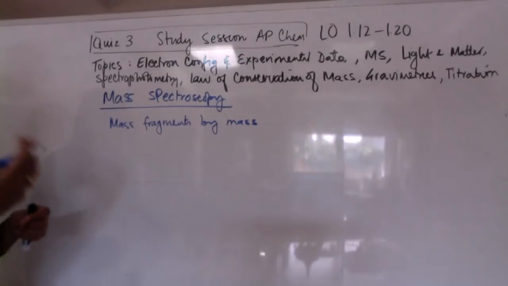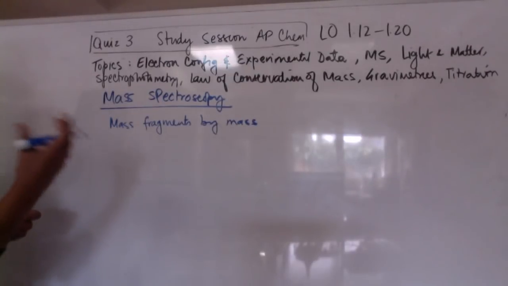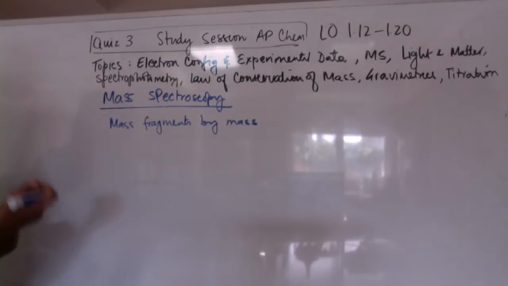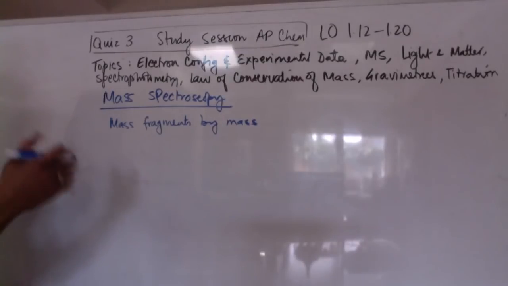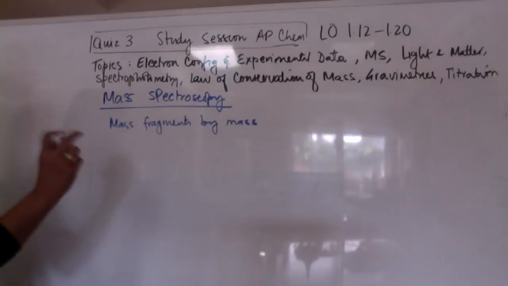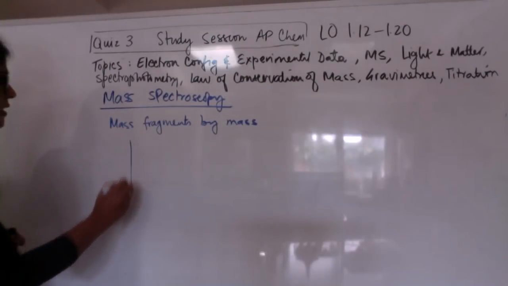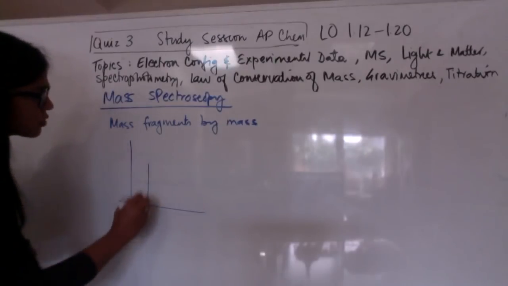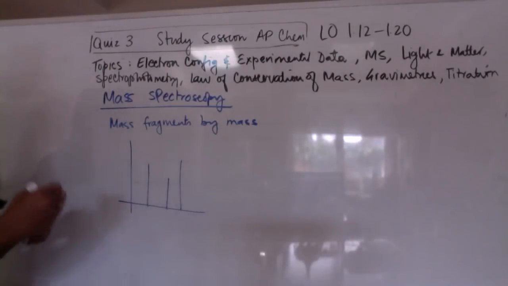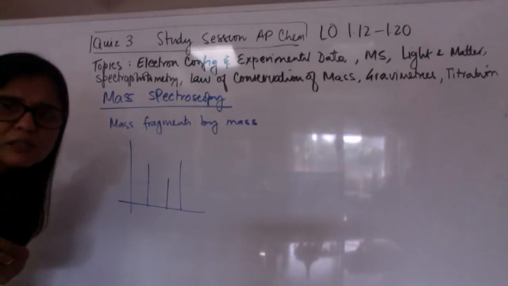So you need to convert it to a charged particle. So you bombard it with a bunch of electrons, so they become positively charged cations. Also, you randomly break bonds in whatever you are feeding, a compound or a molecule. So you get mass fragments of different sizes. And after studying what is called a mass spectrograph, you can figure out what all must be in your sample.